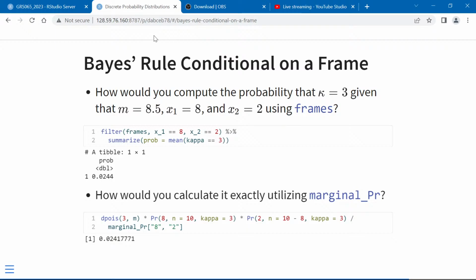It's Bayes' rule, ancient way, conditioning on both x1 equal 8 and x2 equal 2. And it's the same number rounded to 3 digits that we obtain in the modern way by making a database-like query to our 10 million simulated frames of bowling. So these two ways of doing it are both describing the same thing. Our model for bowling, which has now been generalized to introduce this kappa inability parameter for the bowler or bowlers in question.